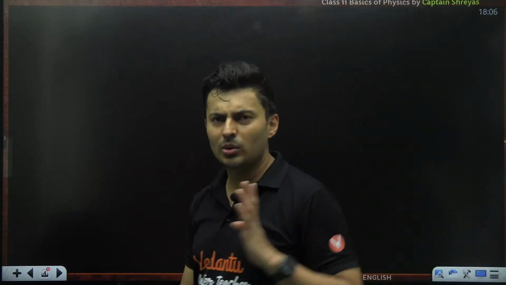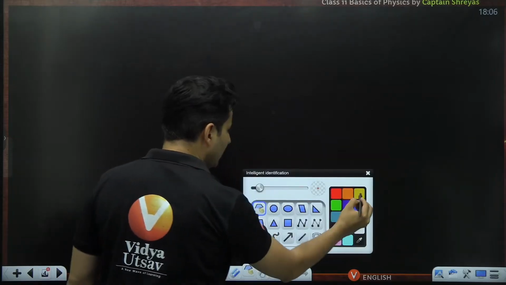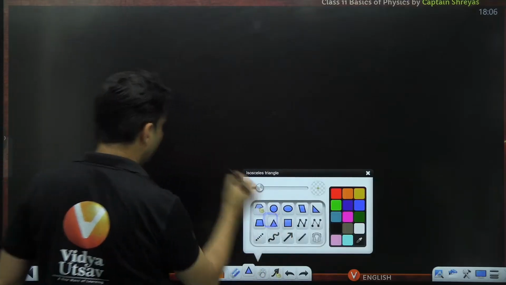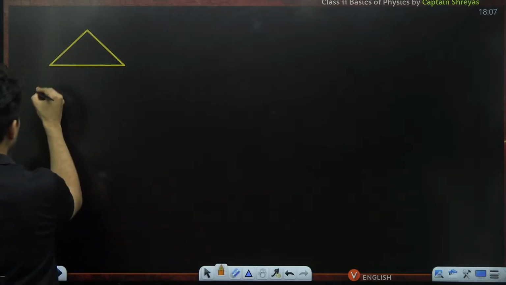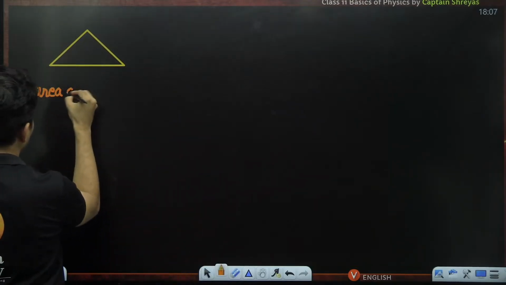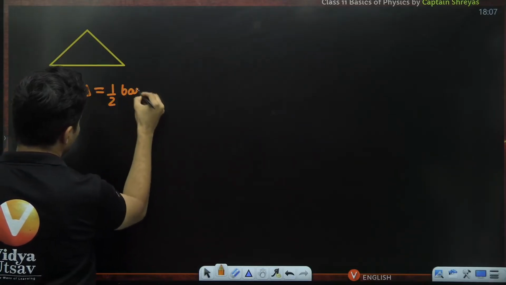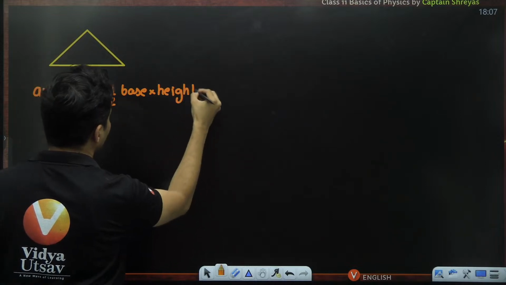Now, when we talk about areas, for normal geometries, we know how to calculate the areas. For example, say the diagram is a triangle. Then the area of a triangle we know is half base multiplied by the height. We know this standard form.